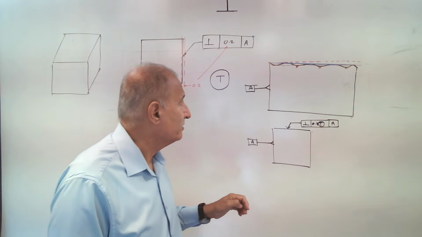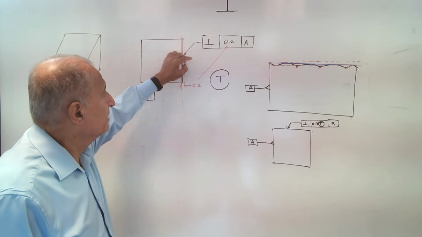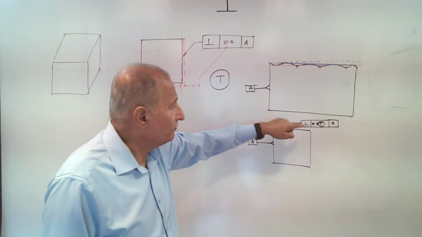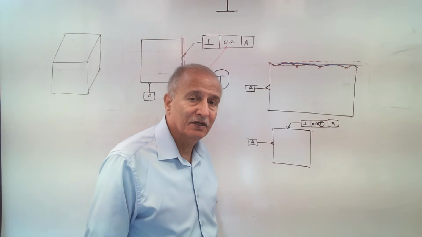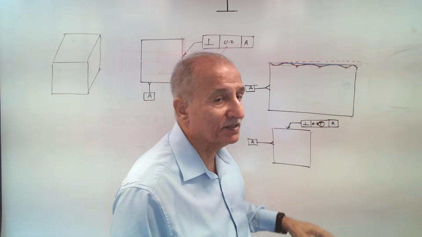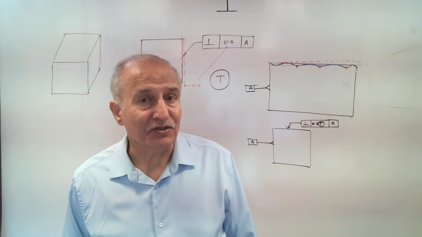Here, without the T modifier, it can limit flatness, but if we use the T modifier, it cannot limit flatness because some points of the surface are out of the zone and not inside the zone.